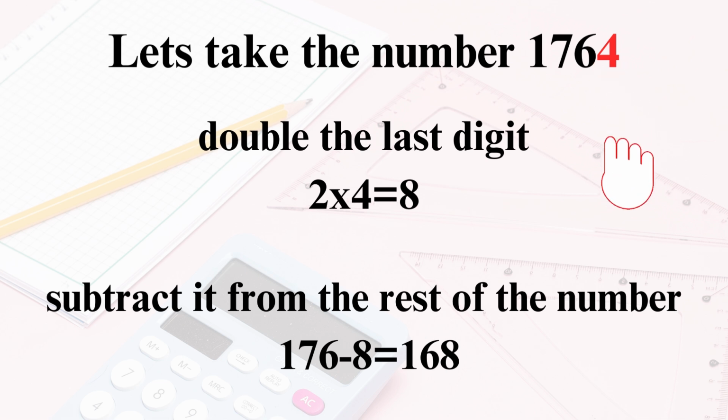Let's see one more example for the test of divisibility of 7. 1764. The last digit is 4. If we double it, we get 8. And then we subtract it from the rest of the number. The rest of the number is 176. If we subtract 8, we get 168. Now 168 is again a big number.